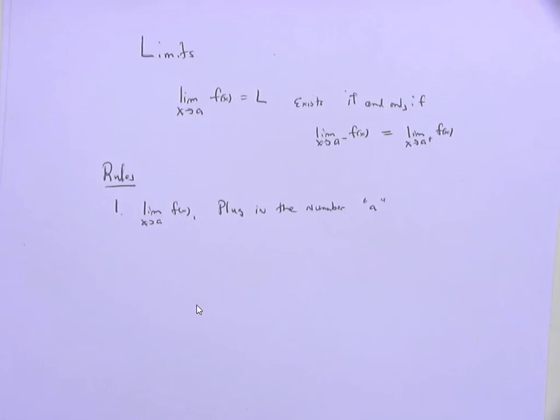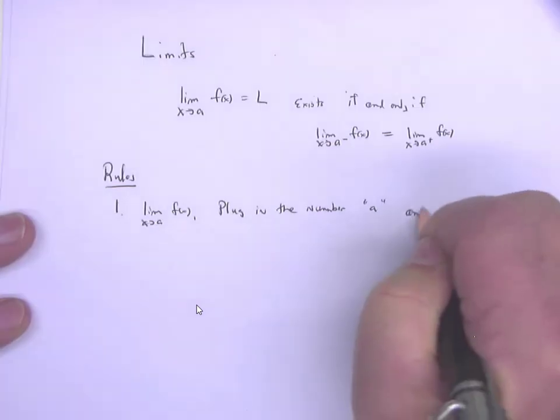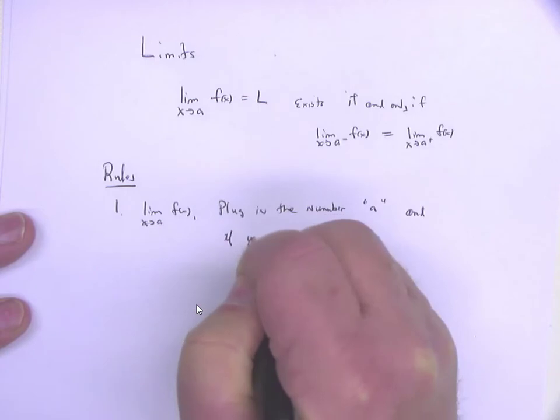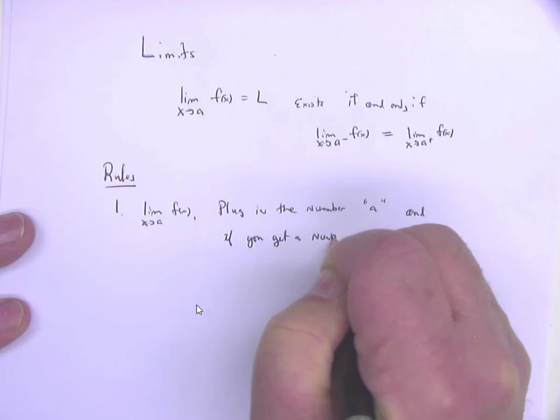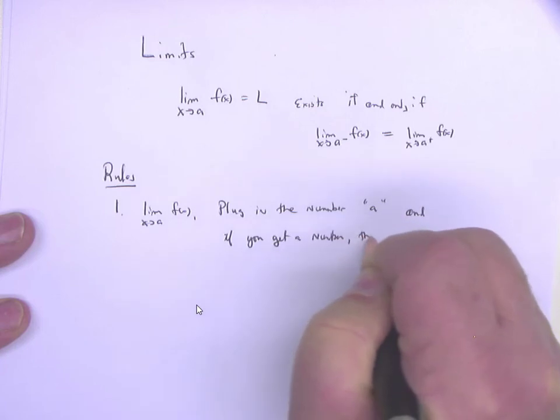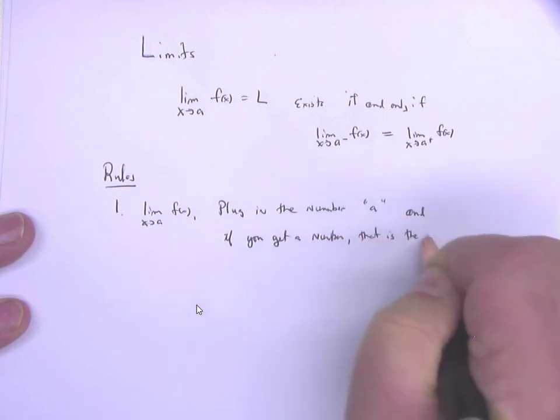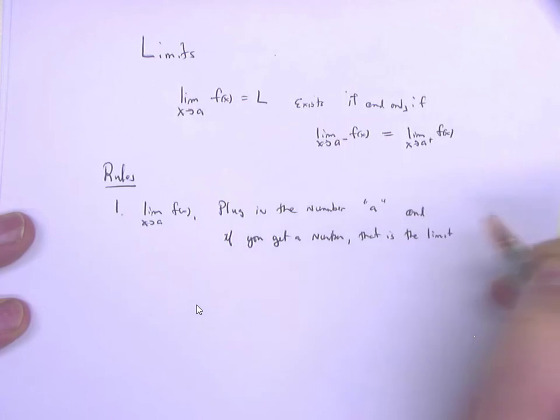If you don't have a problem, aka divide by 0, taking a square root of a negative number, or some violation of a mathematics rule, when you plug in a number, if you get a number, you're done. Okay? So plug in a number, and if you get a number, that is the limit.